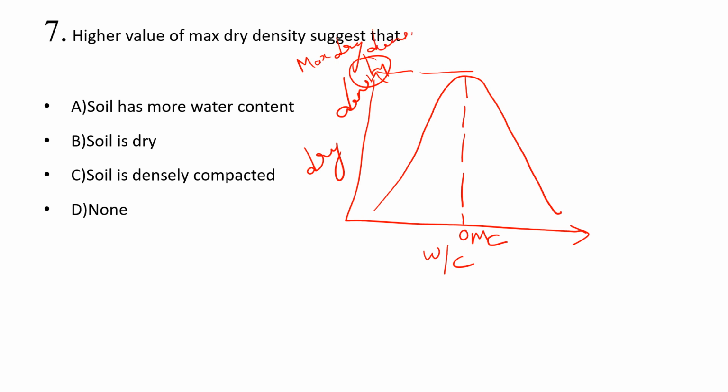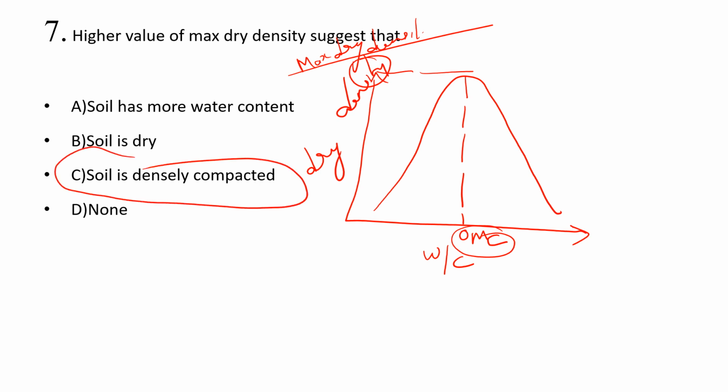So maximum dry density is at the water content corresponding to optimum moisture content, where you are getting your soil as densely compacted. So your option is option C, that is the soil is densely compacted.